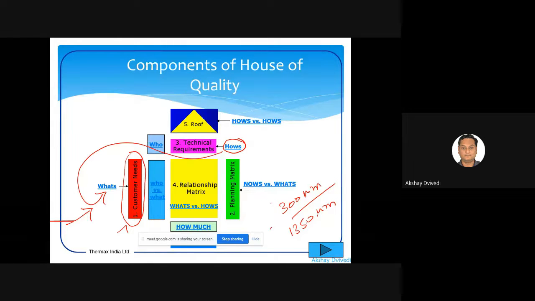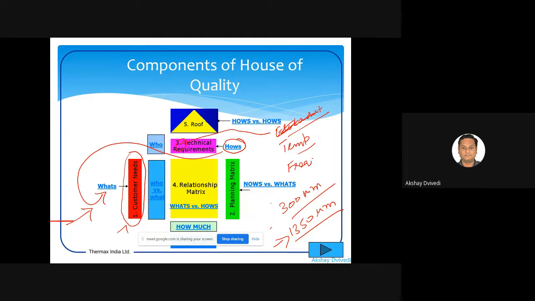So, when a technical descriptor for solving this comes in, the electrical conductivity during the process can be one thing. Or the kind of temperature being generated during the process can be another technical descriptor. Or the frequency of discharges that has to be there in the process can be another technical descriptor.